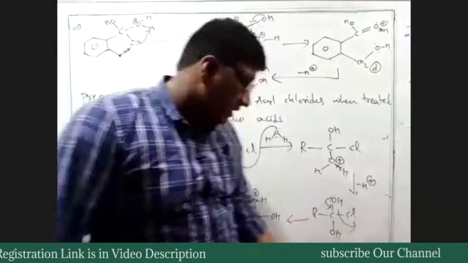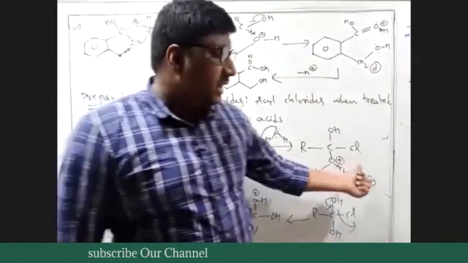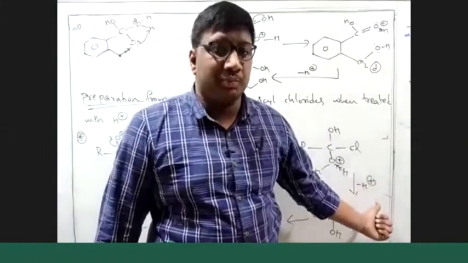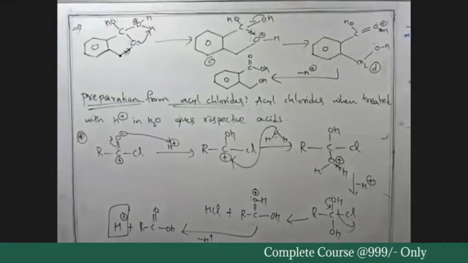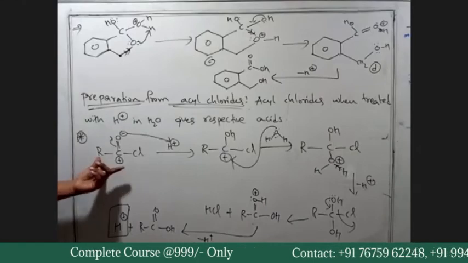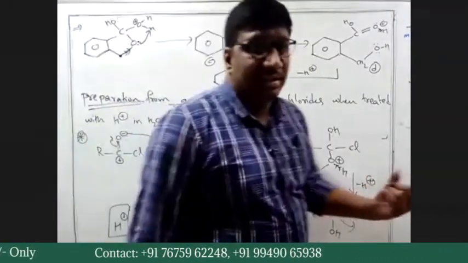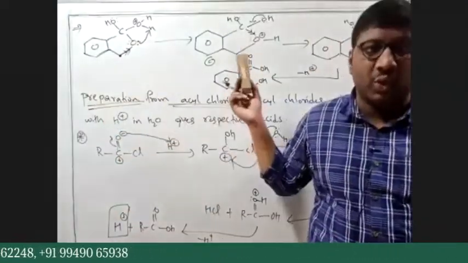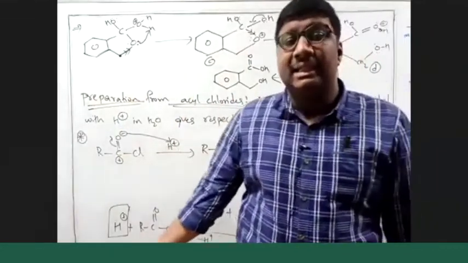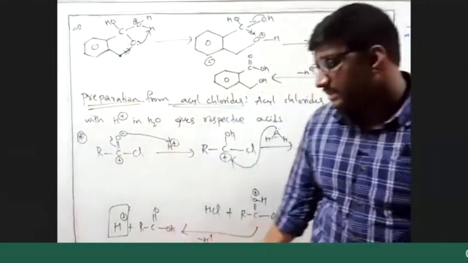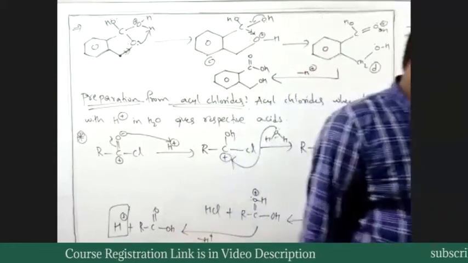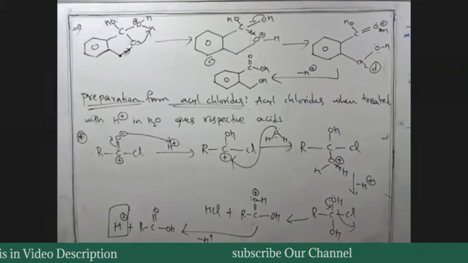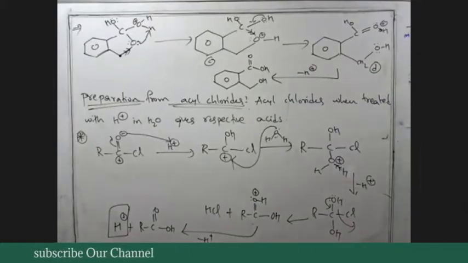That's why I am saying the H in HCl comes from H2O. All these are interlinked, don't worry. So upon treatment of acyl chlorides with H plus in the presence of H2O, we again get acids. RCOOH can be generated by the treatment of acyl chlorides with acids.